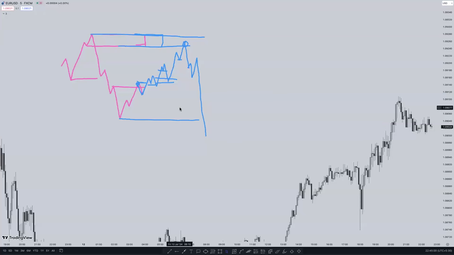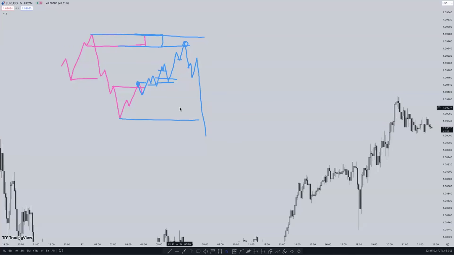If anybody faces any kind of problem with identification of the inducement, CHoCH and BOS, structure mapping, or pullback, you can also post it in our Telegram channel, where the majority of the members are able to understand this and can help you. And if they are not able to help you, because sometimes you will see different situations, in that case I will respond to explain things.